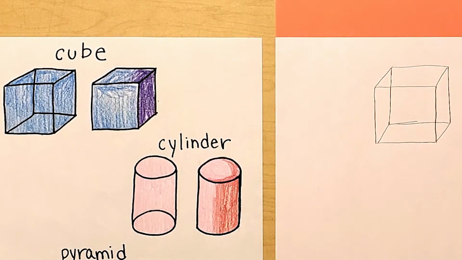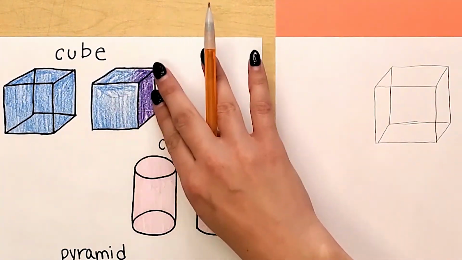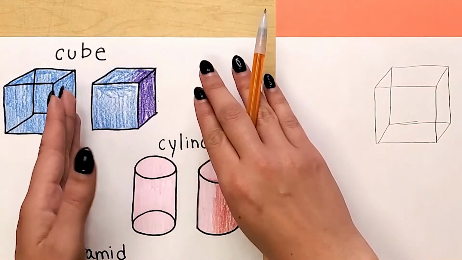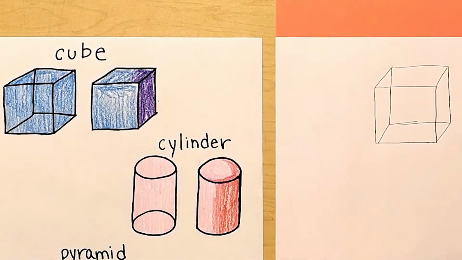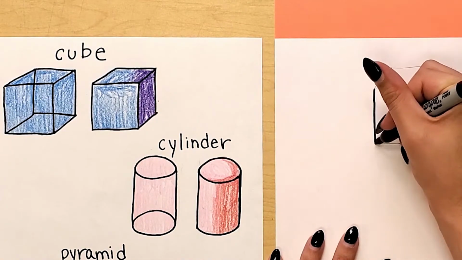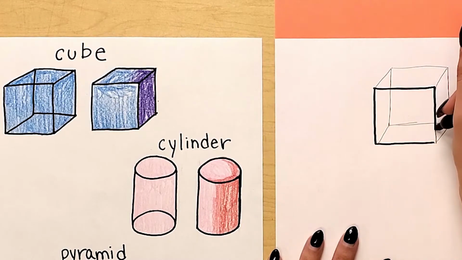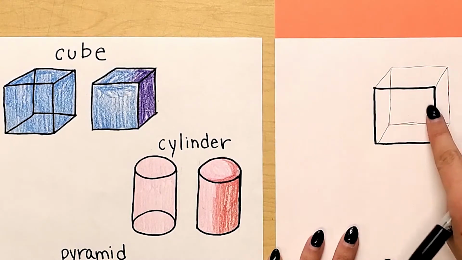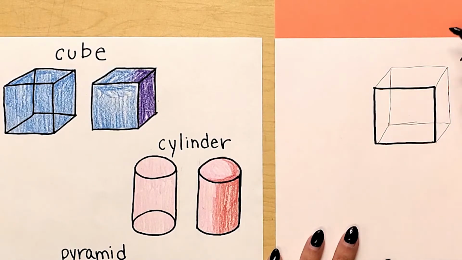If I wanted to erase the parts of it so that it looks just like the outside of the cube and not like all the inside parts, the parts that you would want to keep would be the front square, and all the stuff inside the front square gets taken away.